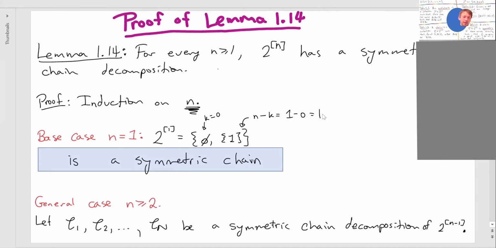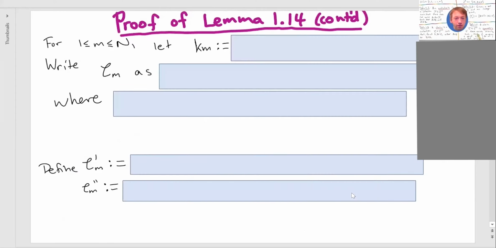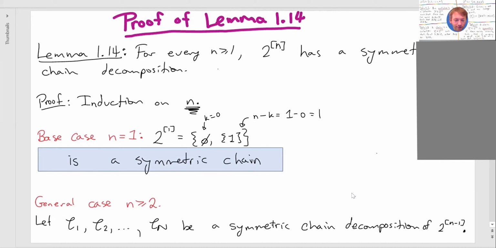Now for the general case, n is at least 2. We're going to use induction, so we can find a symmetric chain decomposition of the power set of numbers 1 up to n minus 1. And we want to transform this into a symmetric chain decomposition of the power set of 1 up to n. So this notation, curly C 1 up to curly C capital N: curly C_i is a symmetric chain in the power set of 1 up to n minus 1, and these symmetric chains partition that power set.